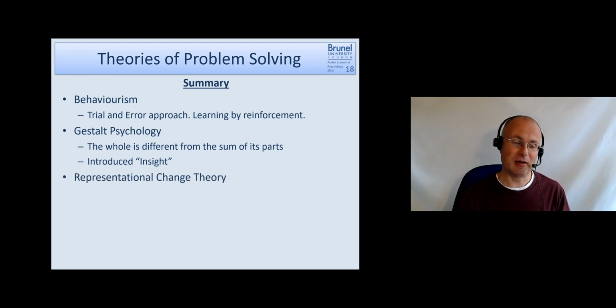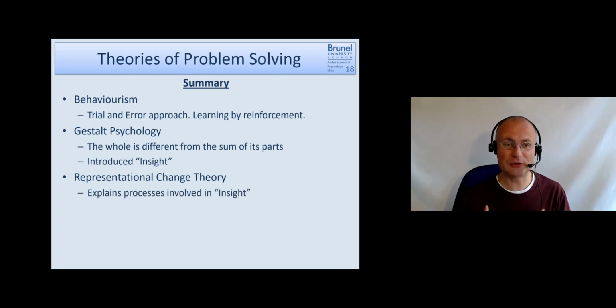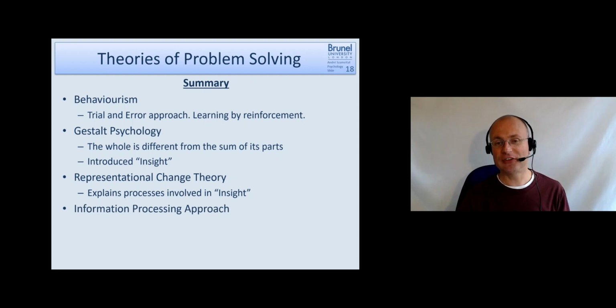This then led to the formulation of the Representational Change Theory, which tries to explain the processes involved in having those insights. And we have seen that it's changing the representation and constraint relaxation.